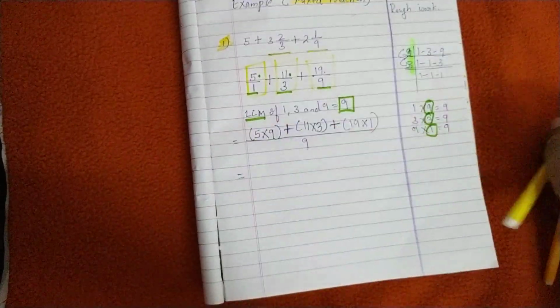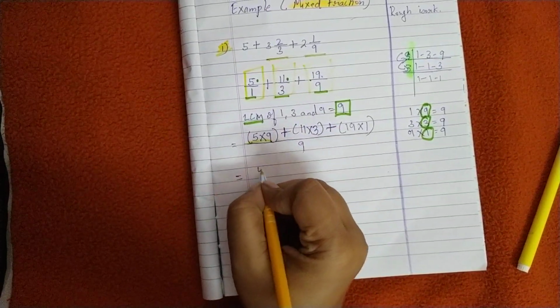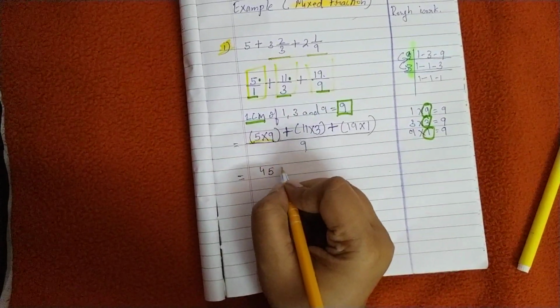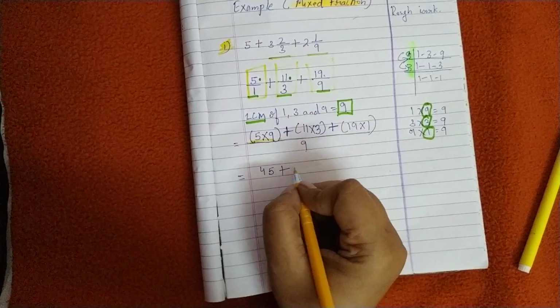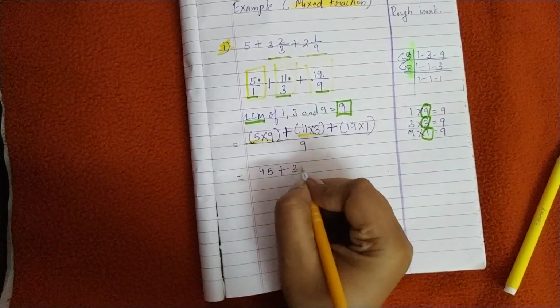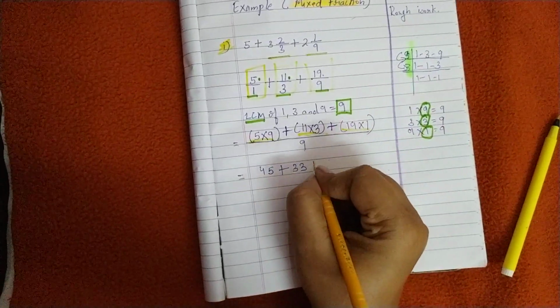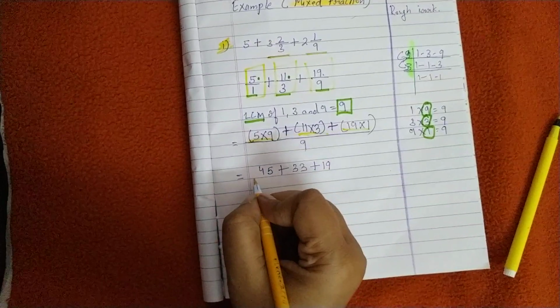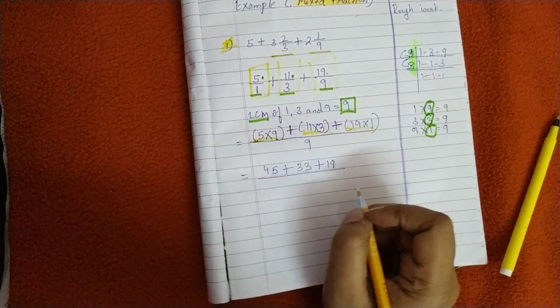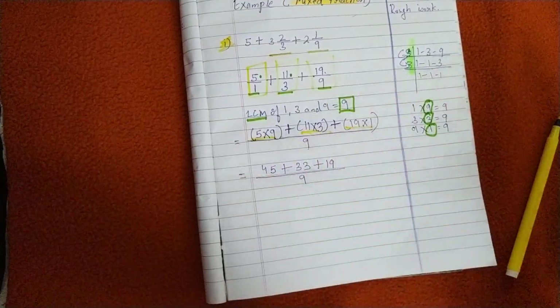Simply multiply this first. 5 into 9, 45, plus 11 into 3, 33. Then what is left? This, 9 plus 19. Yes children, now draw the division line and 9 as denominator.